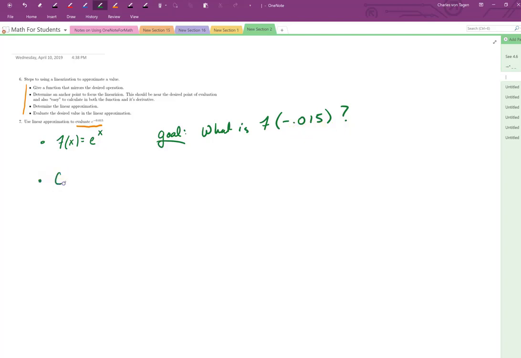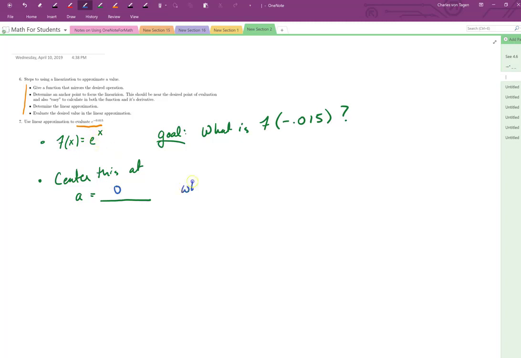So we want to center this at a equals what? Go ahead and pause the video and decide where we should be centering this linearization. So we want to center this linearization at a equals 0. That is, f of 0 is easy to evaluate in the function.